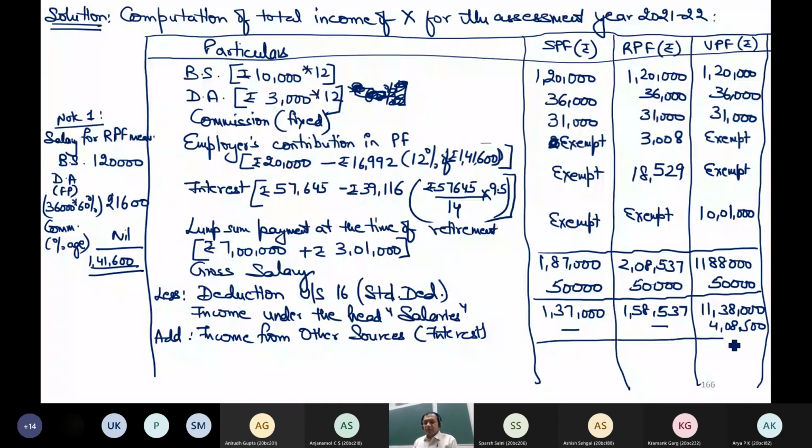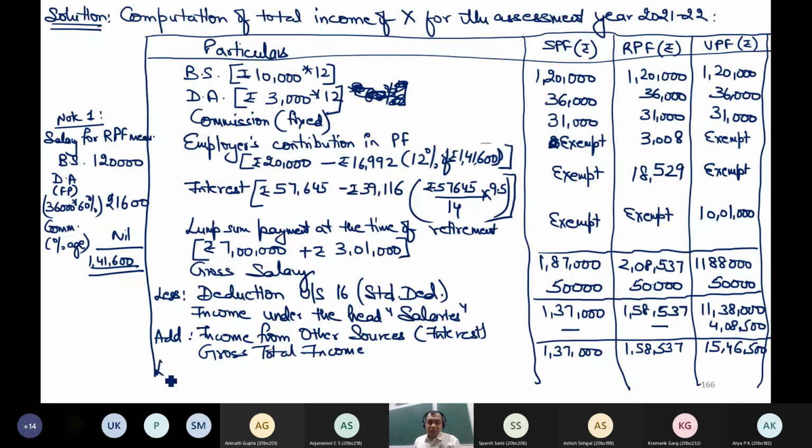This gives me gross total income. $137, 158, 537, and it is 15,46,500. You can check the total.